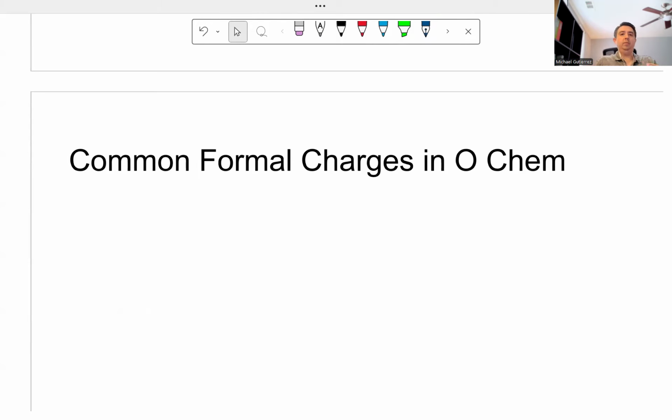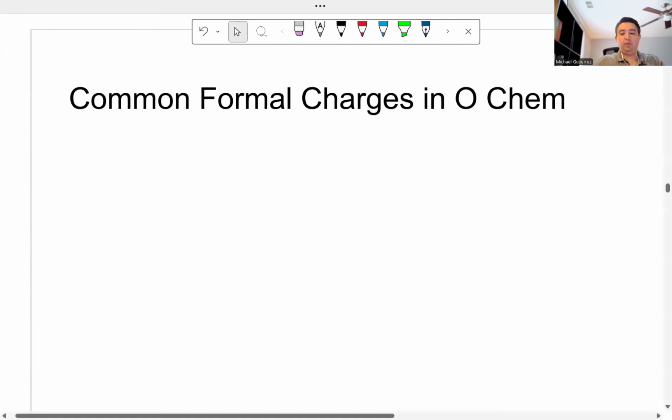In OCHEM, there are some very common trends where you can look at any of the atoms like carbon, nitrogen, or oxygen and tell what its formal charge is just by looking at what it's attached to and how many lone pairs it has. You don't have to go through the formula of how do I calculate formal charge. But this is going to be super important because it's basically a shortcut so that you don't have to do a calculation every time you want to know the formal charge of an atom.